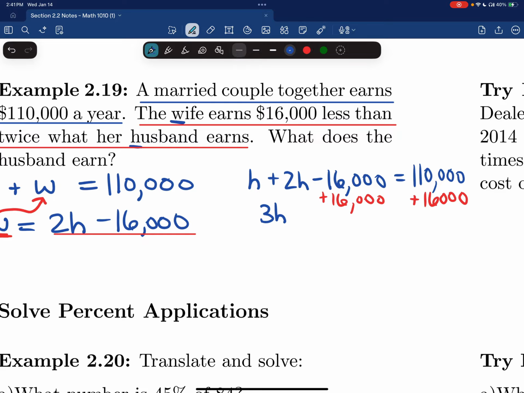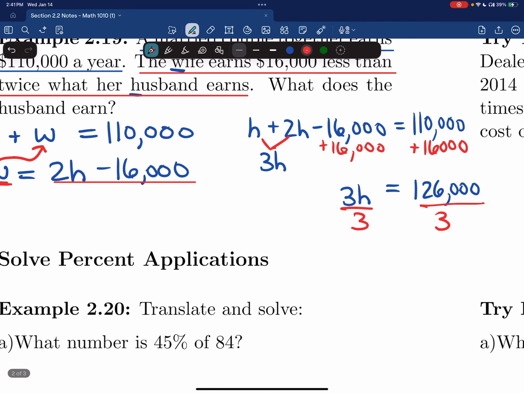Rewriting everything would give us, well, 3H equals 126,000. Now we need to divide by 3, and we have found what the husband makes. The husband makes $42,000 a year.